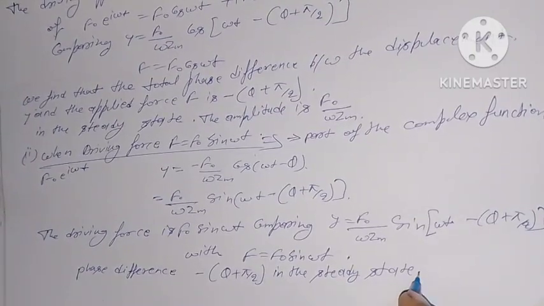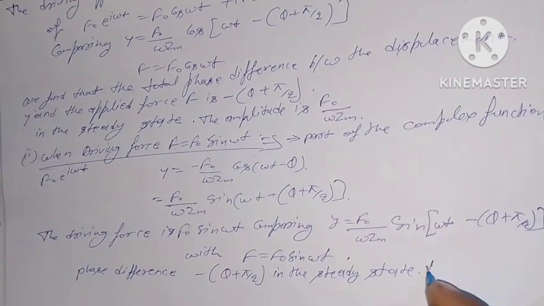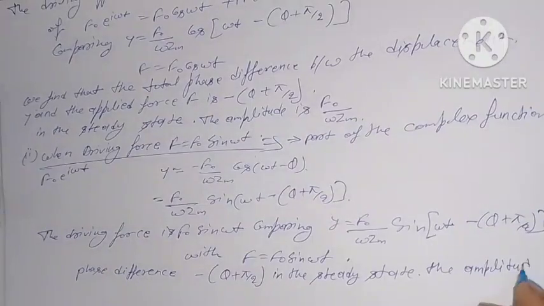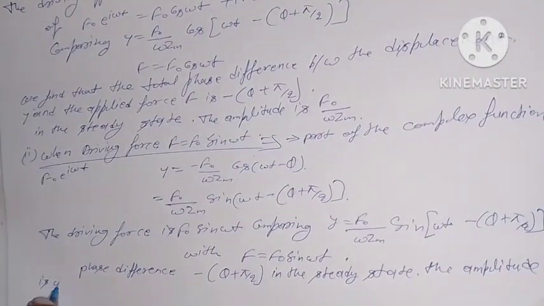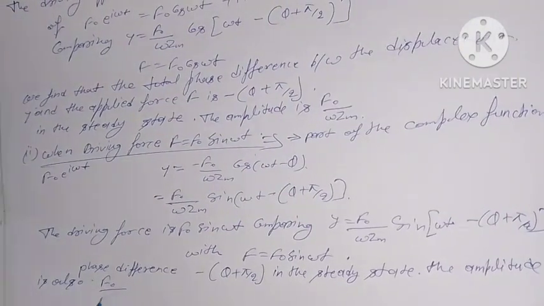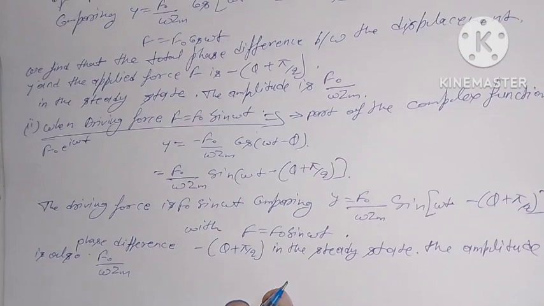In the steady state, the amplitude is also F₀ / (ω Zₘ).